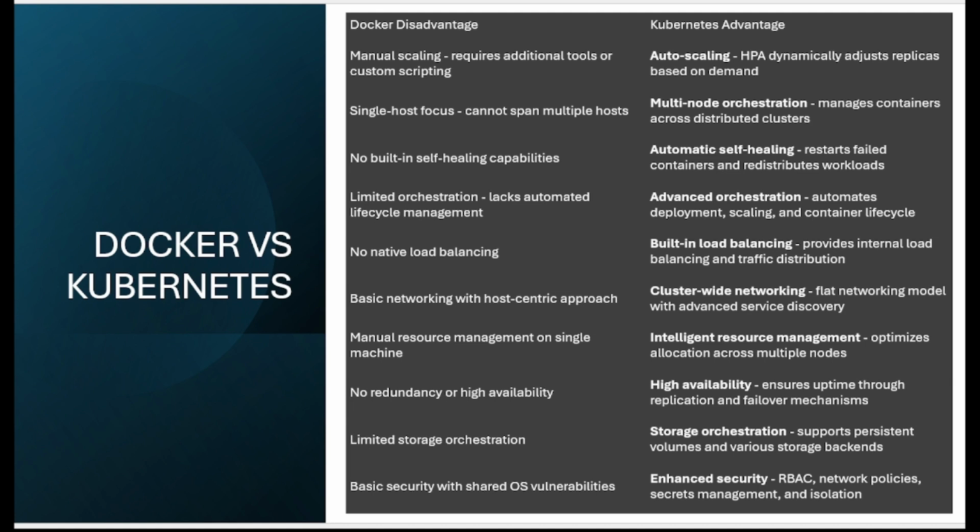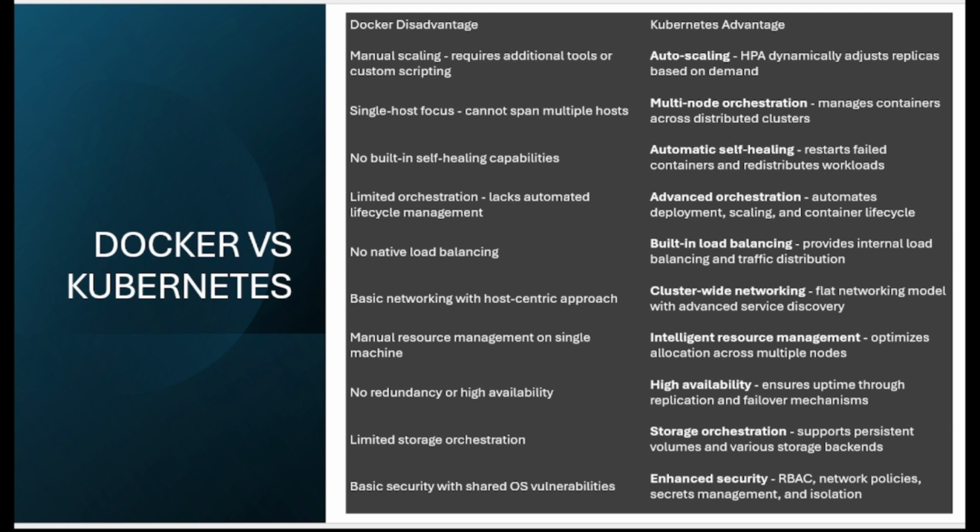In Docker, additional tools, whatever we want to add, have to be added manually. But automatically, here HPA is a particular thing that exists in Kubernetes. It automatically adjusts the replicas based on demand. So whenever there is demand on that particular item, then only Kubernetes will trigger or fetch that particular resource.